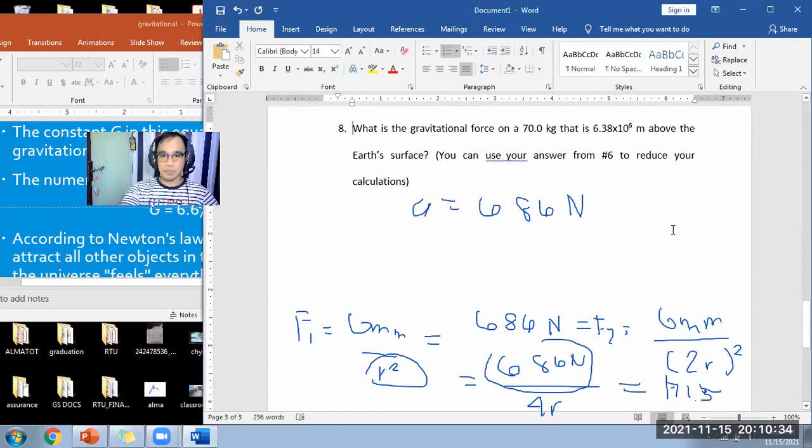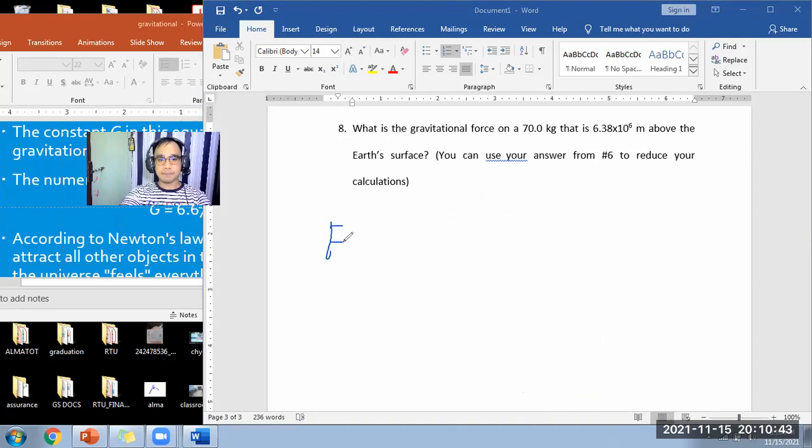Last run. To make it short, to summarize our topic, our formula is F equals G mass 1 mass 2 over R squared. Okay?